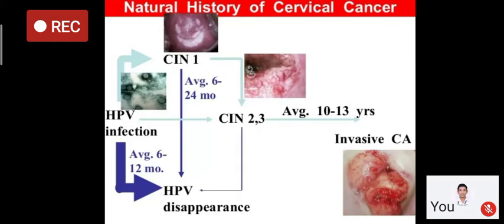So the history of cervical cancer from HPV infection to invasive cervical cancer takes around 10 to 12 years. So this is important. If you catch the patient within these 10 to 12 years and manage appropriately, then the malignancy can be avoided. That is the importance of cervical cancer screening.